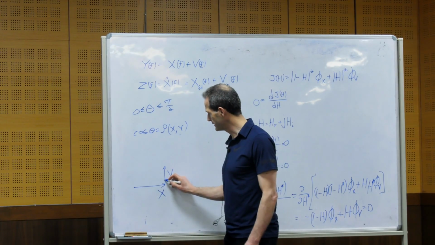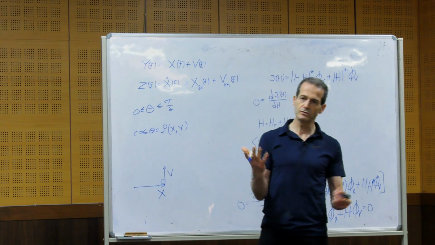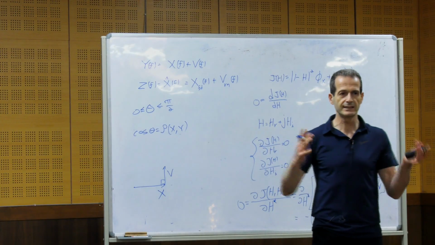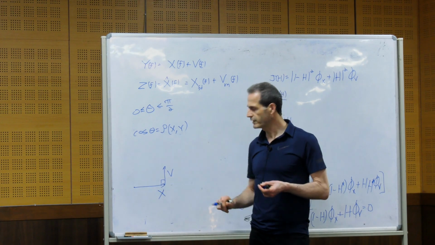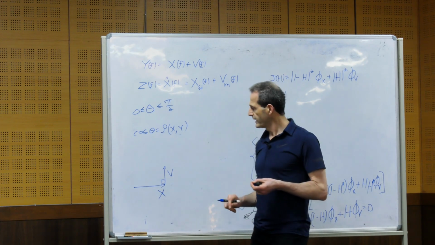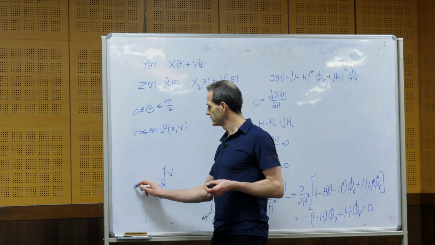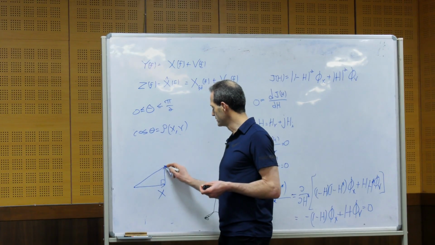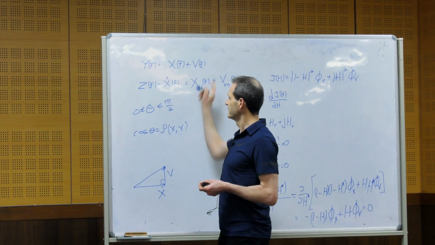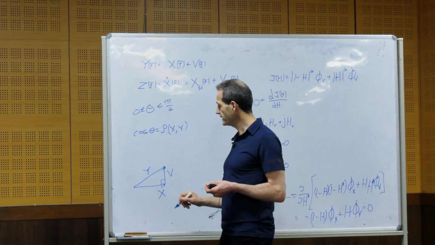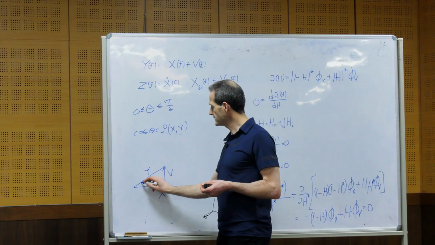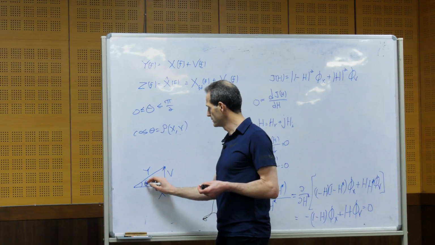So we have here 90 degrees. When we have two vectors, uncorrelated signals, we say that they are uncorrelated, so we have 90 degrees between them. And then we can represent their summation, y, x plus v, and this is the angle, theta.